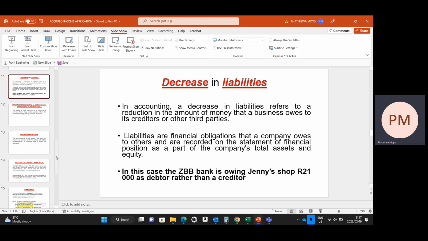Then decrease in liabilities. Here you're just trying to make the marker aware that in accounting, a decrease in liabilities refers to a reduction in the amount of money that a business owes to the creditor, while liabilities are financial obligations that a company owes to others and are recorded in the statement of financial position. Can I remove that for you because it's going to confuse you?